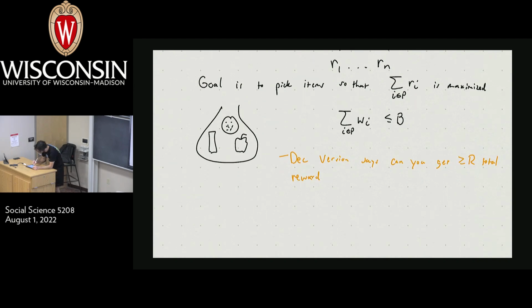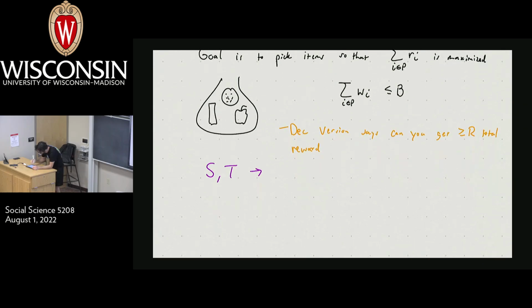So what's the reduction? We're going to take our S and t and create the weights. So w_i equals the reward of i equals the ith thing in the set. So we make the weights and the rewards the same, and they'll always be the ith element of our set S. Then we're going to make B equal to R equal to t.